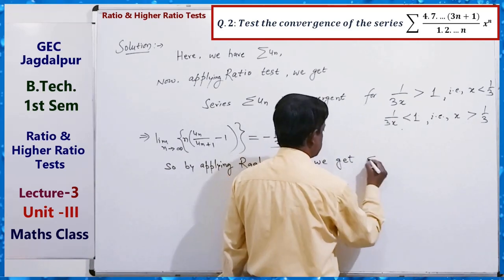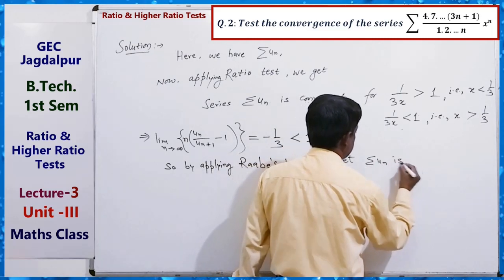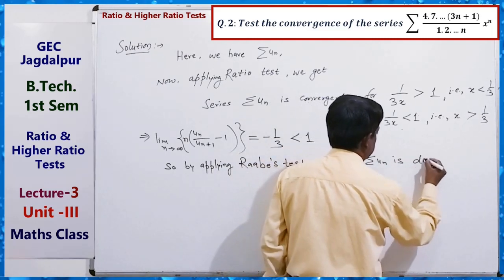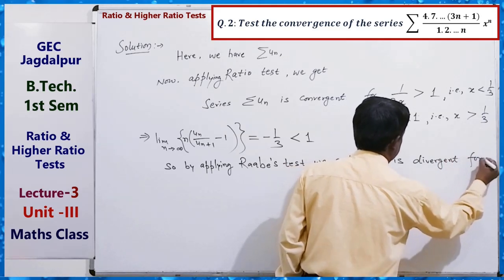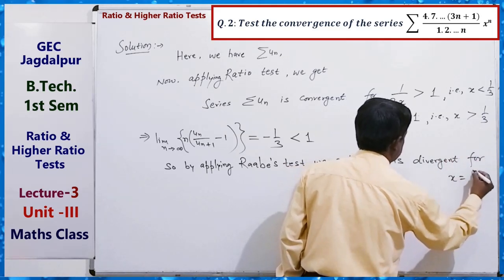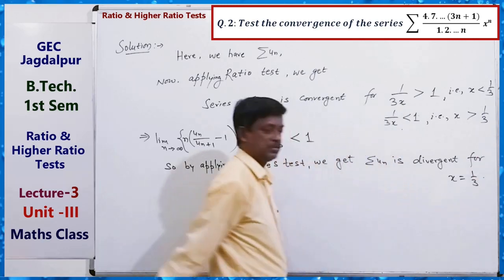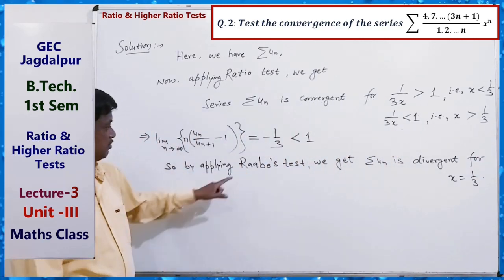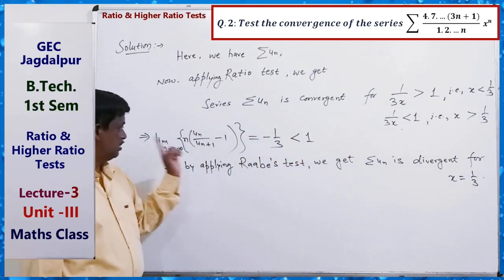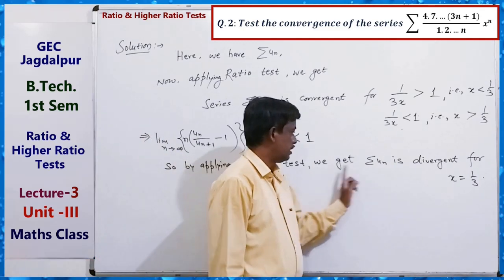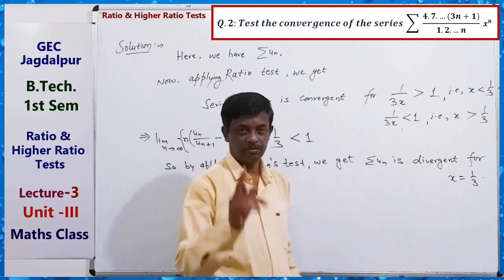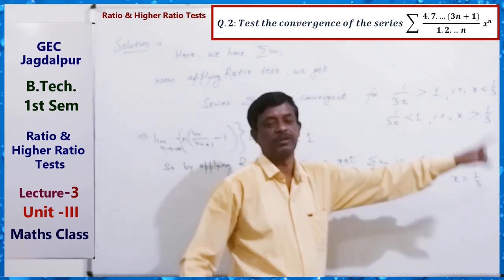We get summation u_n is divergent for x equals to 1 by 3. By Raabe's test, because the limit is less than 1, it is divergent. We get the series is divergent for x equals to 1 by 3.